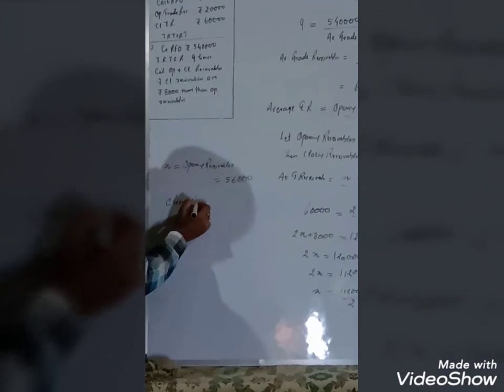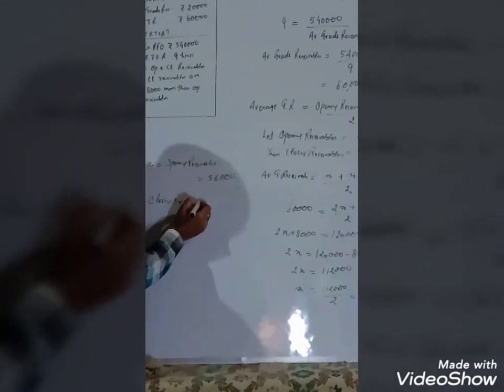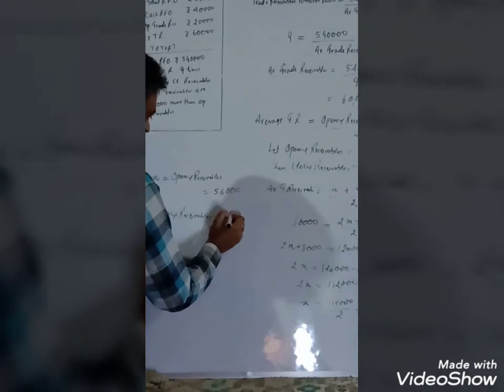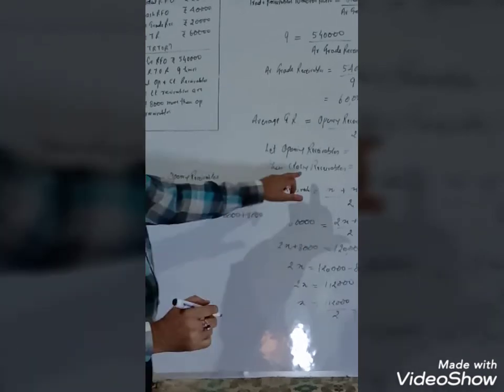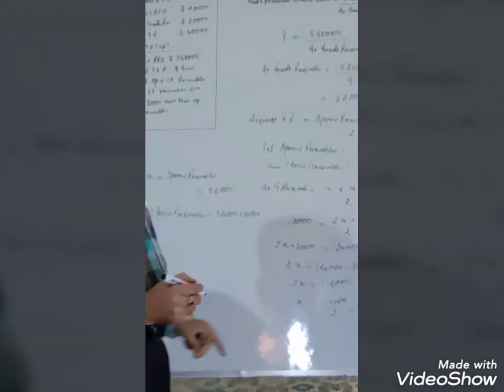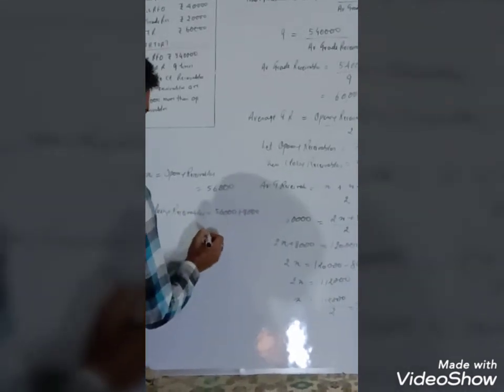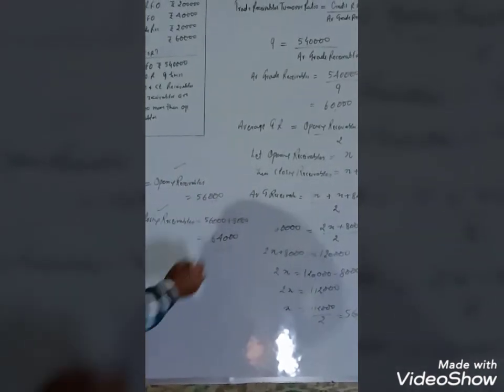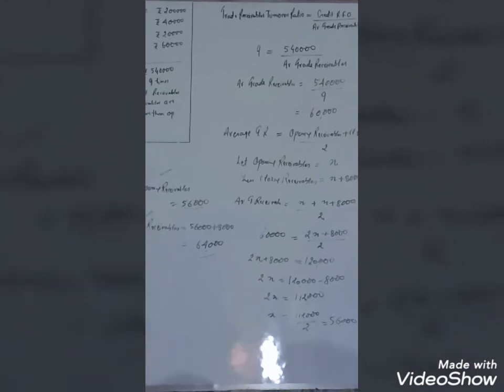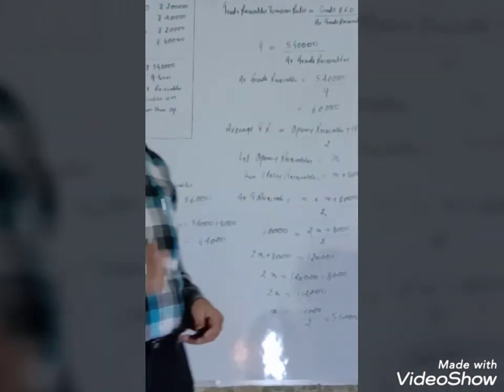Then closing receivables is equal to 56,000 opening plus 8,000, meaning closing receivables are X plus 8,000. This is 64,000. We had calculated opening receivable as rupees 56,000 and closing receivable as rupees 64,000 as per the requirement of the question.